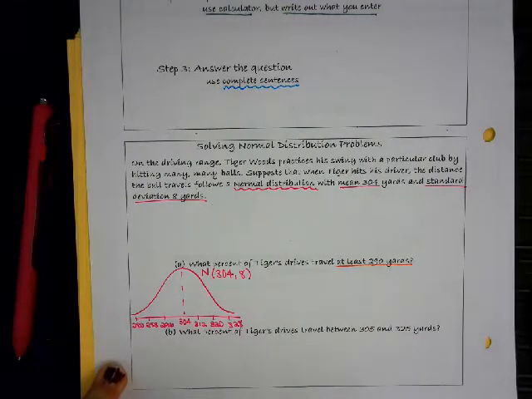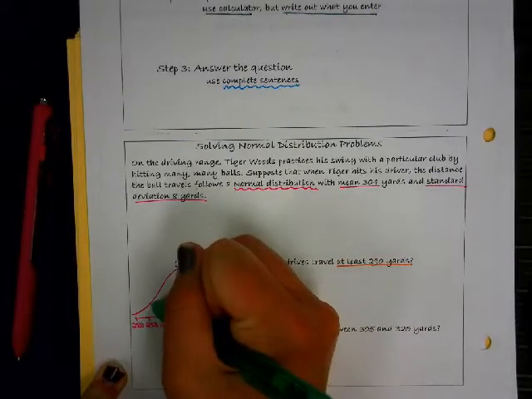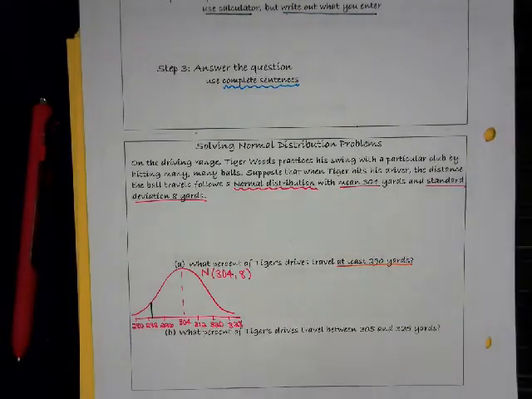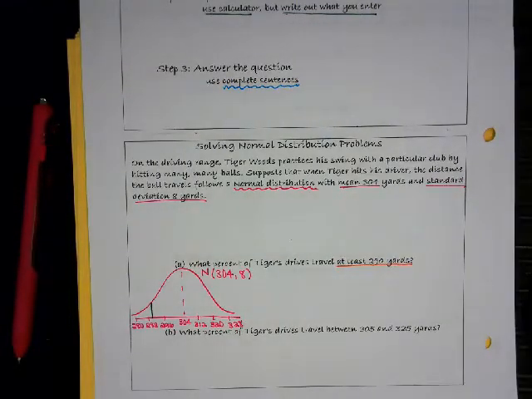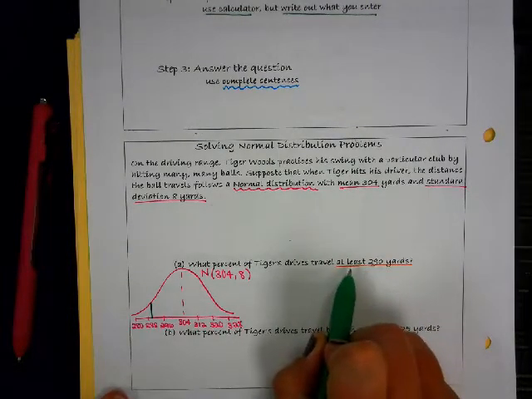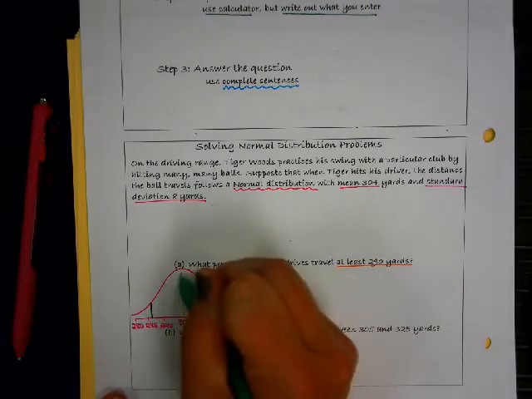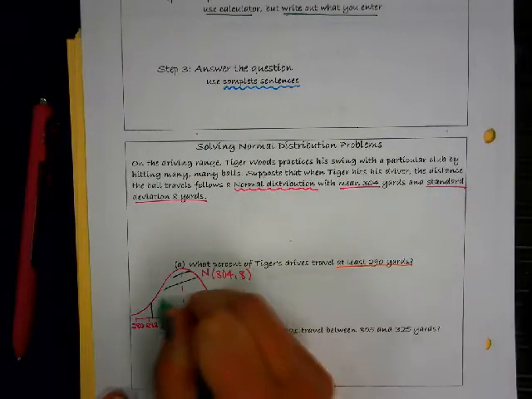So 290 would be, say, about here-ish. Is at least greater than 290 or less than 290? Greater. This would mean that the least amount is 290, so we could be greater than 290. So we're looking at all of this over here.